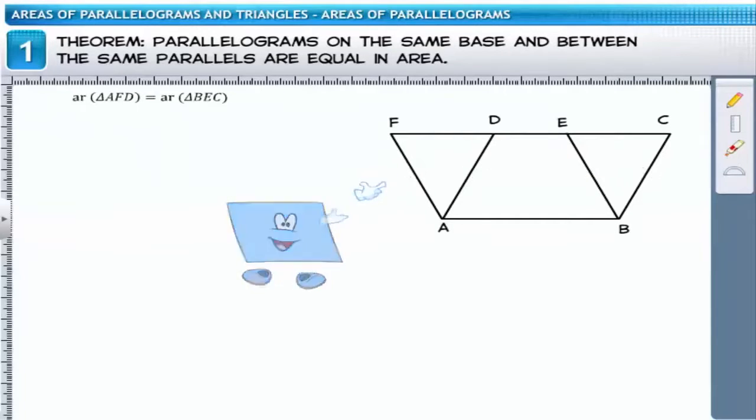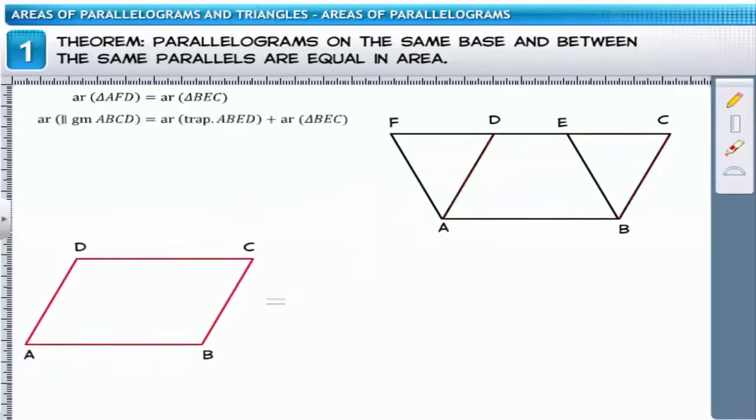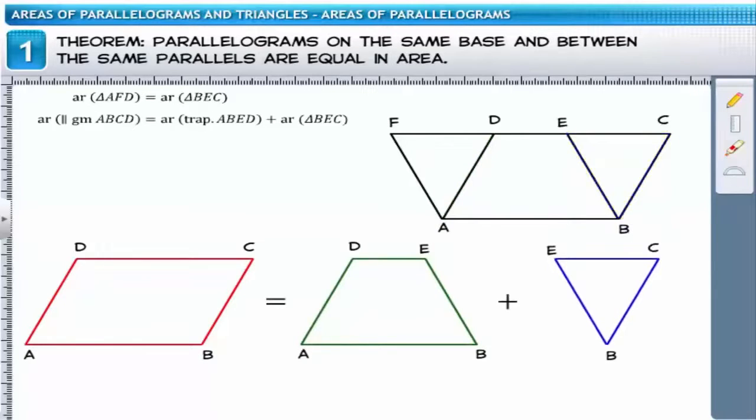Now let's take a look at the complete figure. The area of the parallelogram ABCD is equal to the area of trapezium ABED plus the area of the triangle BEC. Since we just proved that the area of triangle BEC is equal to triangle AFD, we can say that the area of the parallelogram ABCD is equal to the area of the trapezium ABED plus the area of the triangle AFD.